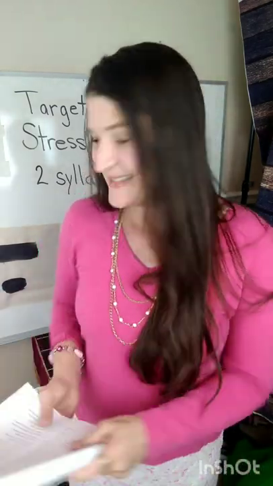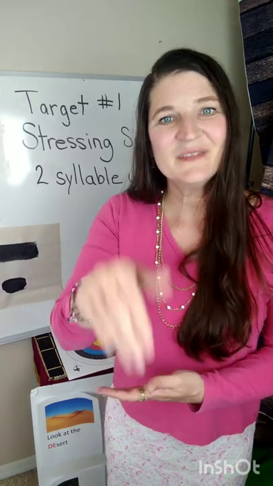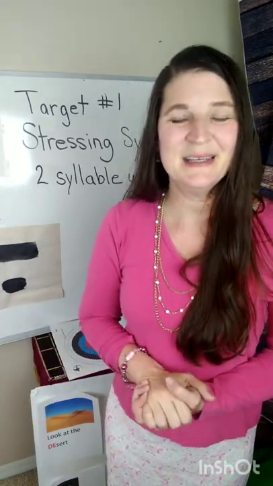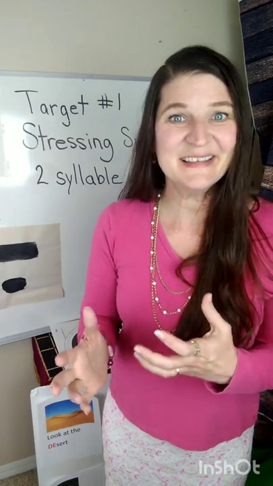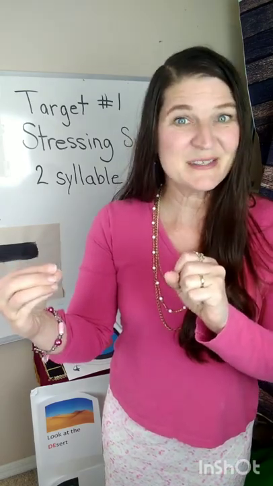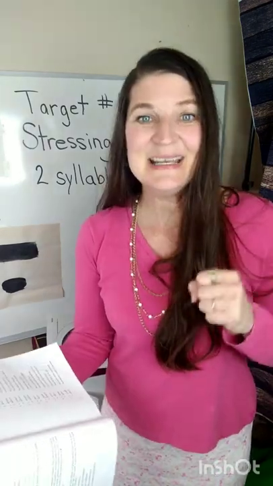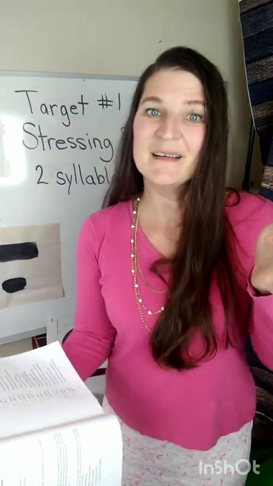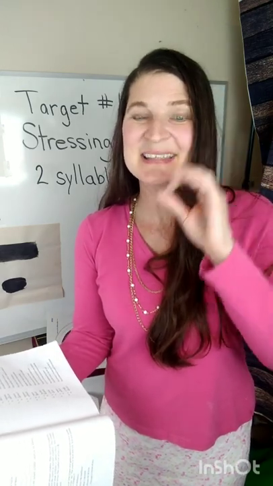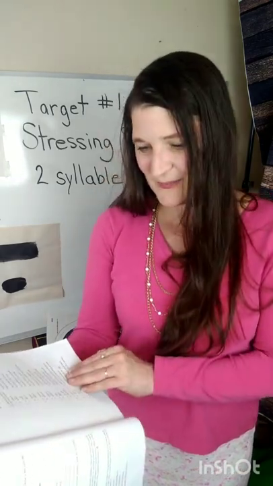Okay, that is the first lesson in targeting pronunciation. Let's do a quick review. First off, we discussed that English is a melodic language. There's a melody to it. Understanding stressed and unstressed parts of a word or syllables will help you to sound more natural in the way that you speak. 90% of nouns, the first part of the word is stressed, and 60% of verbs, the second syllable is stressed.